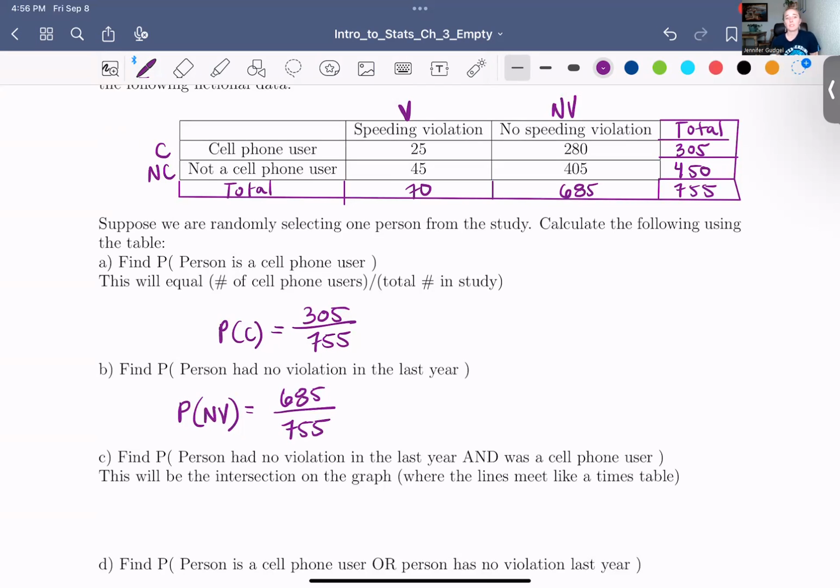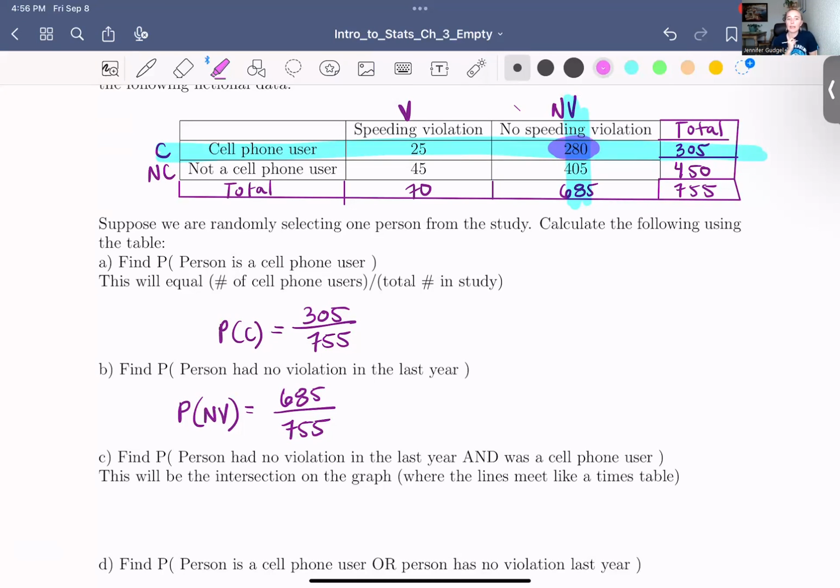Right, the probability of someone that has had no violation and was a cell phone user. Now we're not looking at the totals because we're meeting two requirements, no violation and a cell phone user. These are all the no violation people, and these are all the cell phone user people. So the people that meet both requirements are right here.